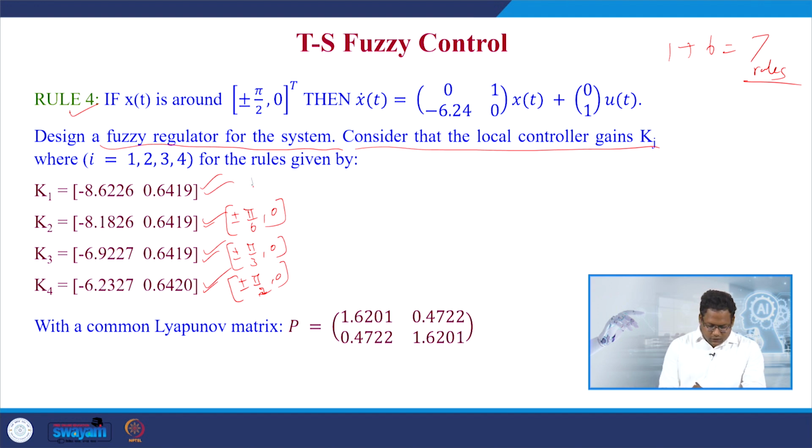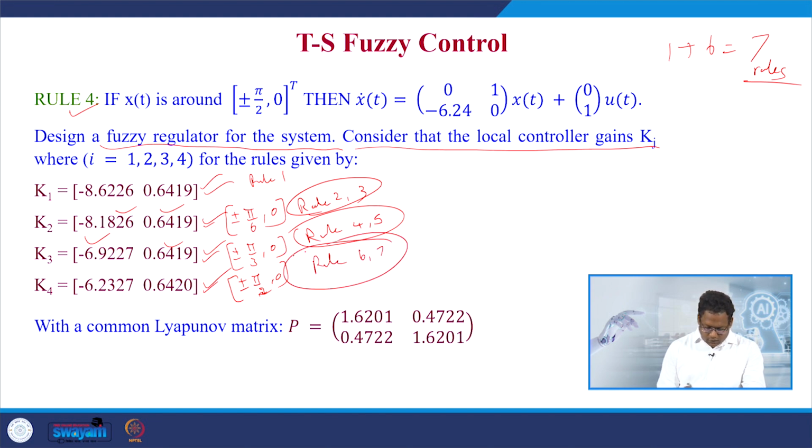So, if I say this is rule 1 and this is rule 2 and 3, will take these k values. Similarly, rule 4 and 5 will take these two k values, that is k3. Likewise, rule 6 and 7 will take these.